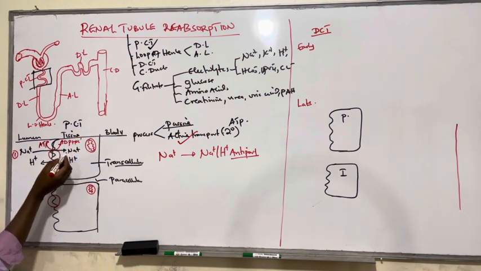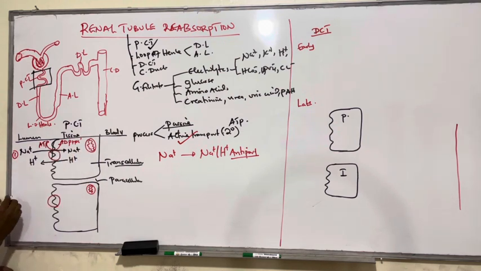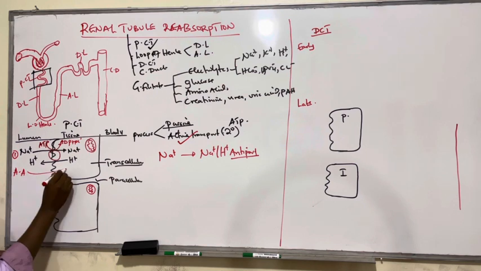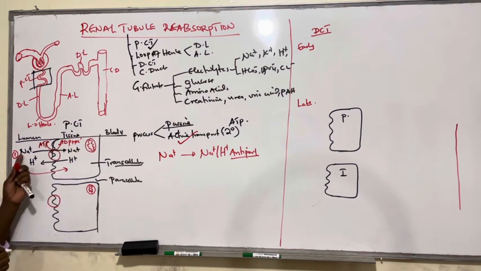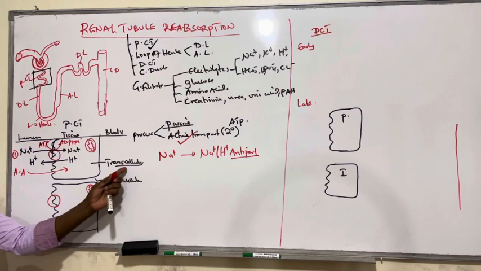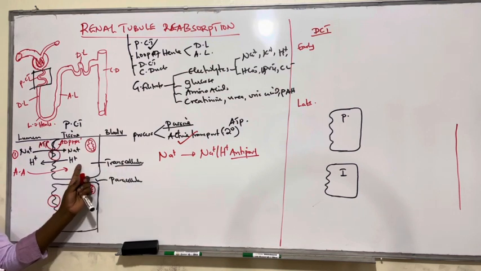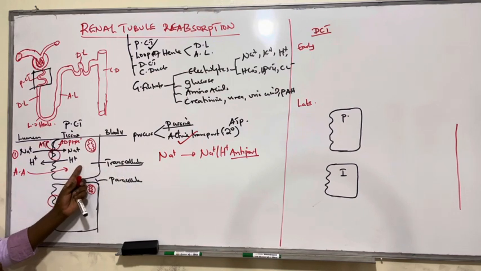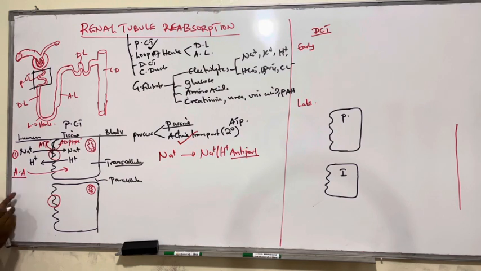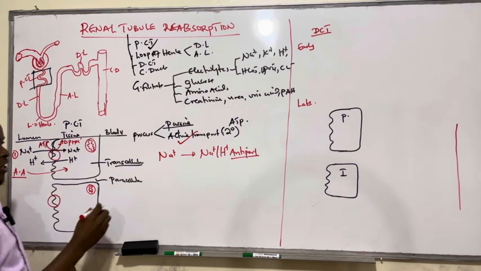And as sodium is also moving, we are seeing also urea, not urea, but amino acids. Amino acids are also reabsorbed by active transport. When sodium moves into the cells of the kidney tubules, it creates an osmotic gradient that also facilitates the movement of amino acids.